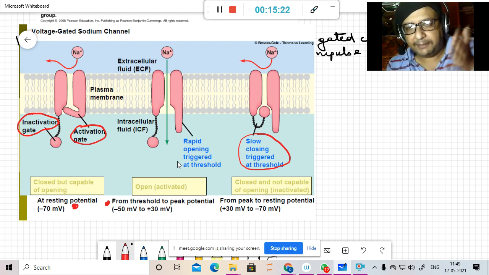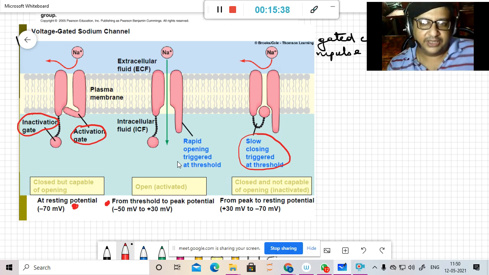Then the potassium channels open; that is also voltage, the change in voltage causes the potassium channels to open. So this is how a voltage gated channel works.